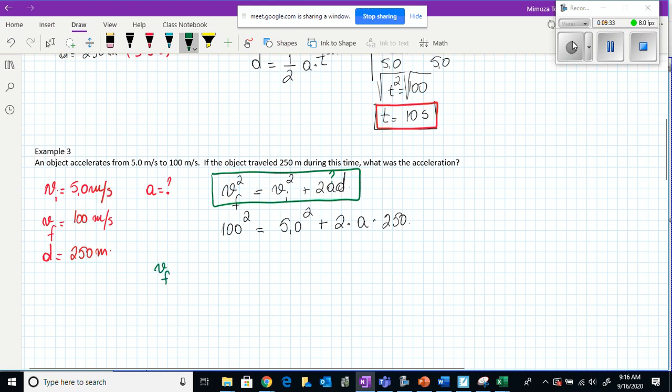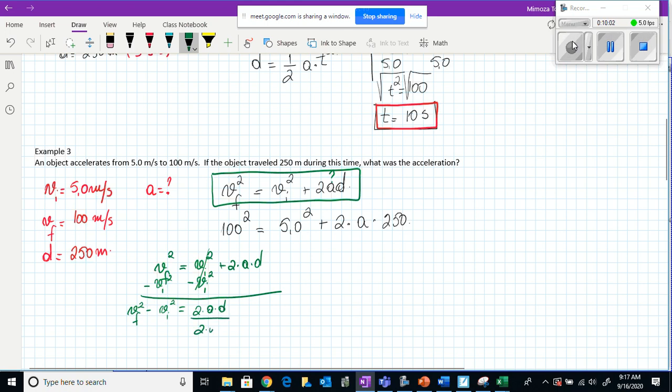So we have vf squared is equal to v initial squared plus 2 times a times d, and we are looking for a. So we subtract vi squared from both sides, so vi squared is canceled out. Then we have vf squared minus vi squared is equal to 2 times a times d.